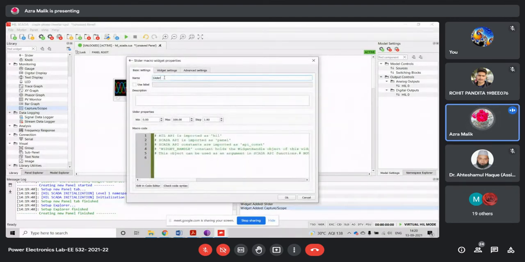We can change the settings of the slider, input voltage, maximum value we can keep up to 200 volts, and we can set the source value. Name is VS1 and value is input value.